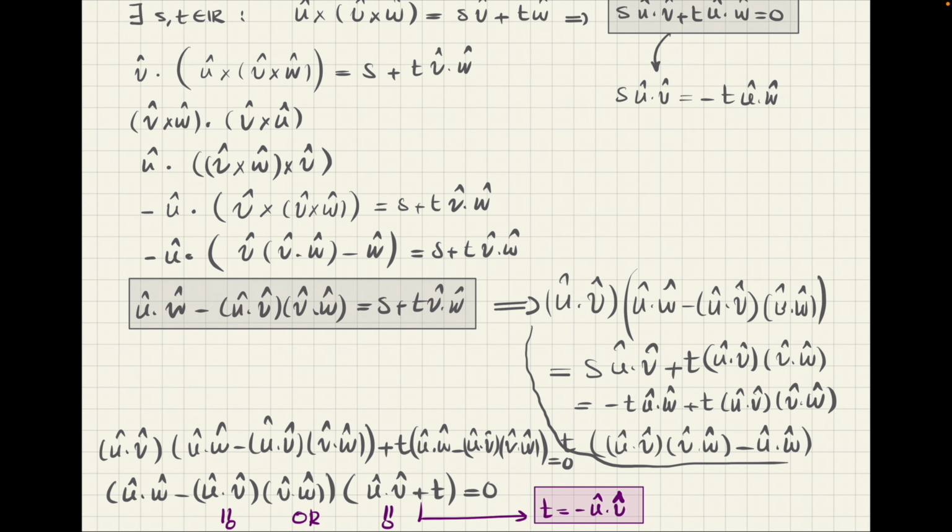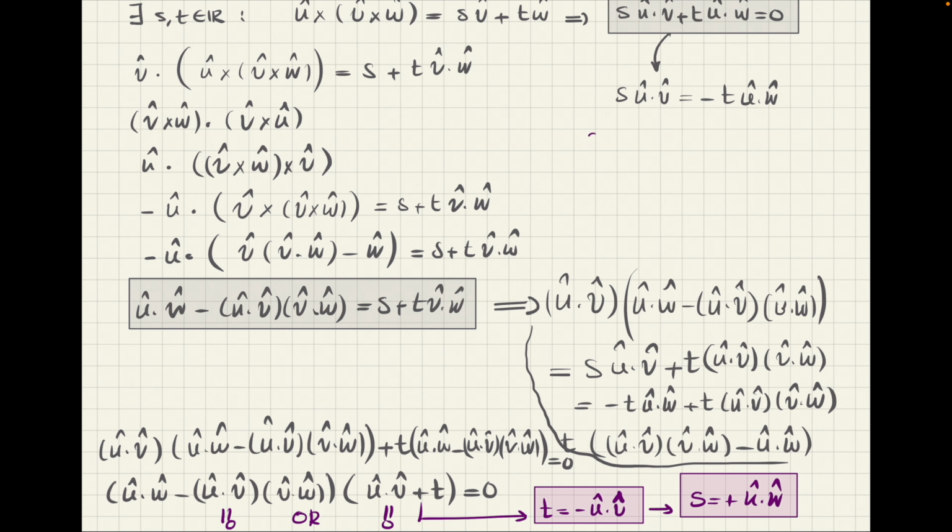And then, if I plug this back here, I will get that S U dot V is equal to minus U dot V times U dot W. But because I am assuming that U dot V is not 0, I can cancel it from both sides. And then I immediately get that S is equal to positive U dot W. Let me repeat it here for you again.